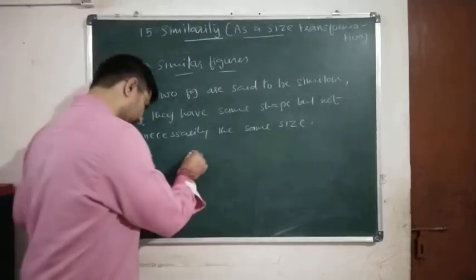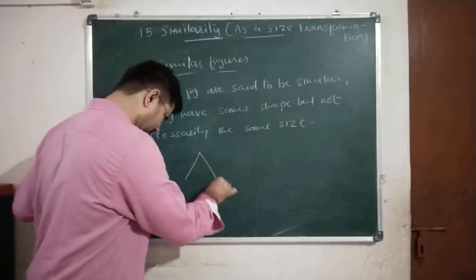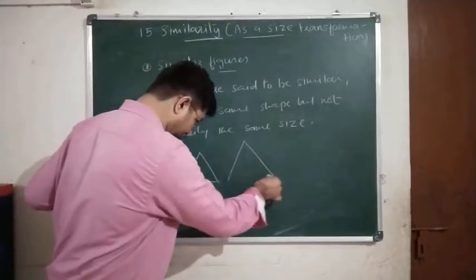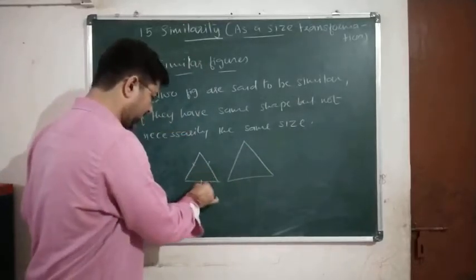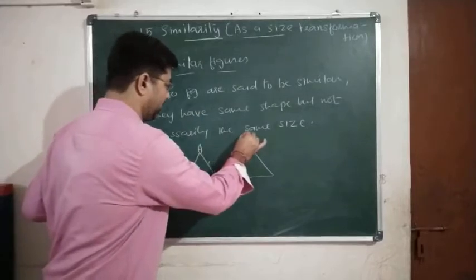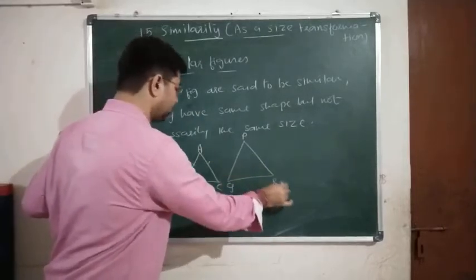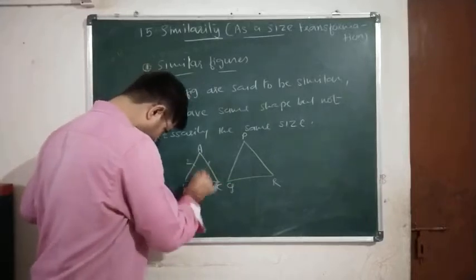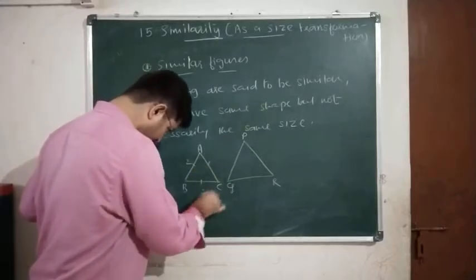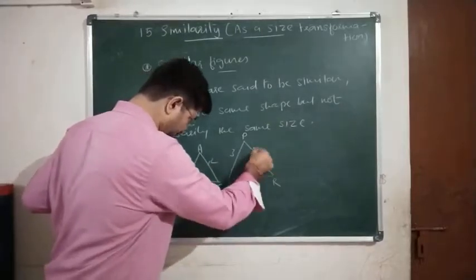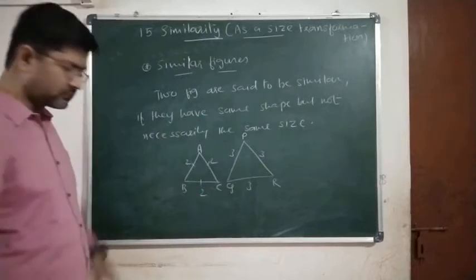For example, let us consider two equilateral triangles. One is smaller and one is bigger. Both are equilateral because in both these cases the three sides are equal. In ABC each side measures 2, while in PQR each side measures 3.